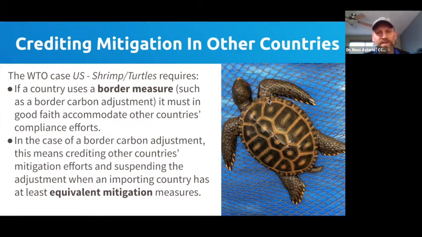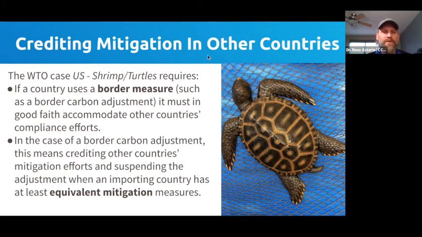There's a really interesting case out of the WTO from the 90s called US Shrimp Turtle. Now, what was happening in that case is the United States was using its Endangered Species Act, and it had classified various species of sea turtle as endangered or threatened.